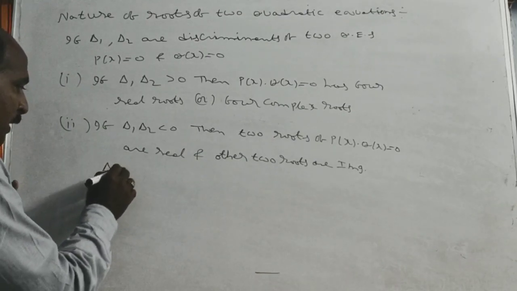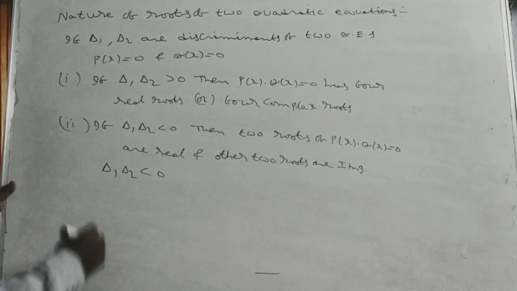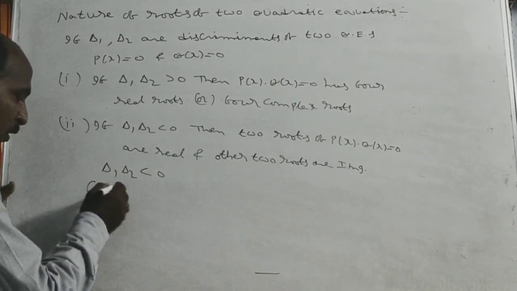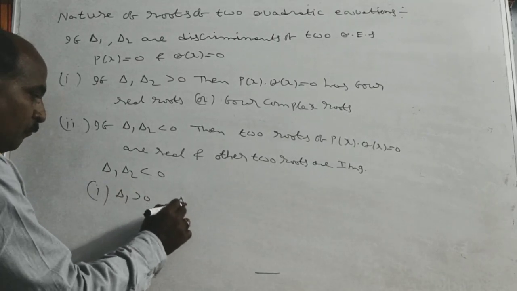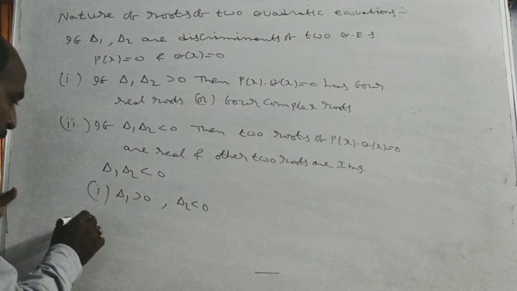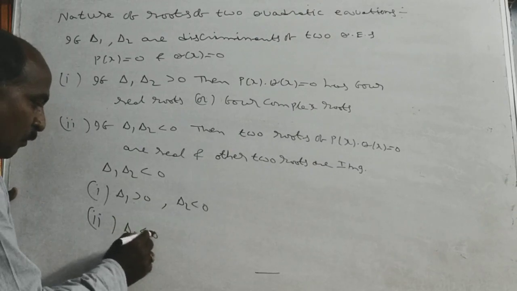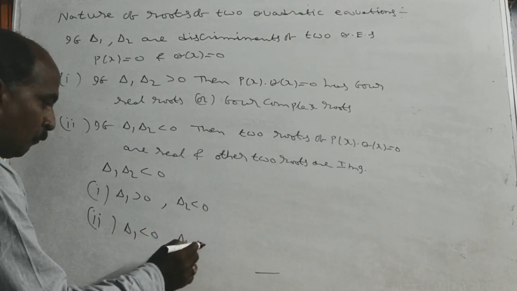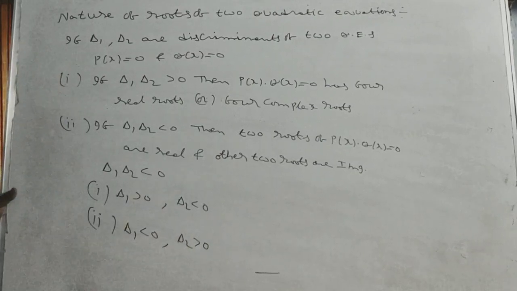If delta 1 into delta 2 negative, then two cases arise. First one is delta 1 positive and delta 2 negative. Positive into negative, negative. Second one is delta 1 negative and delta 2 positive. Negative into positive, negative.